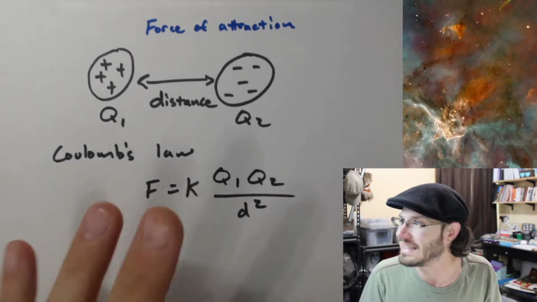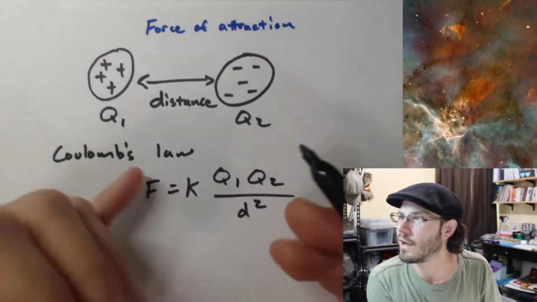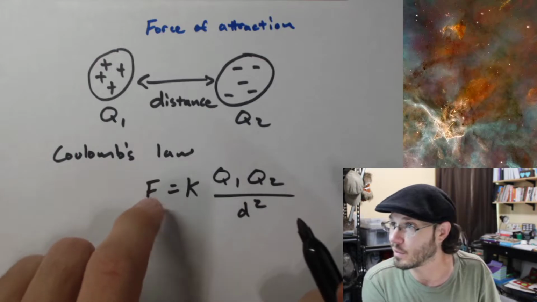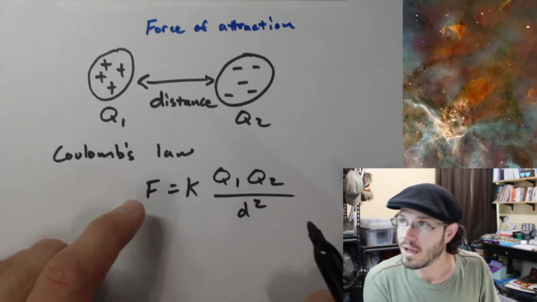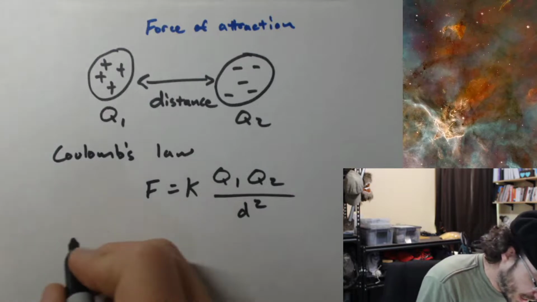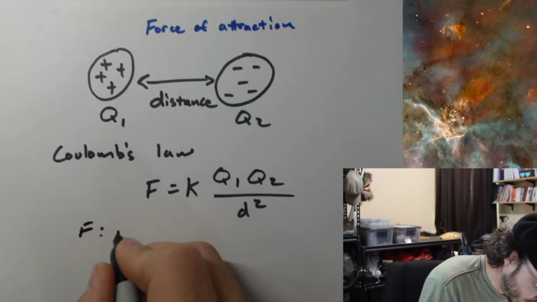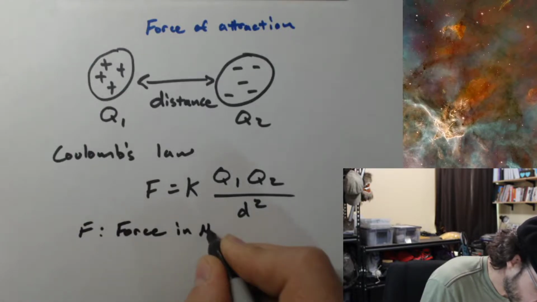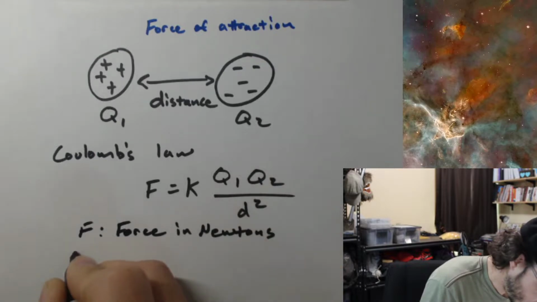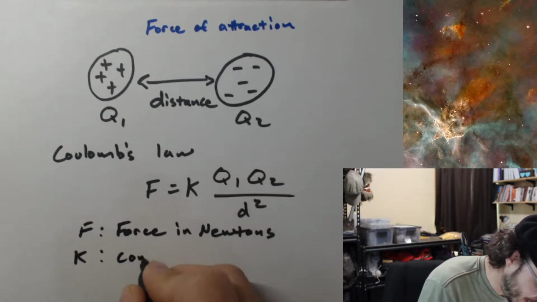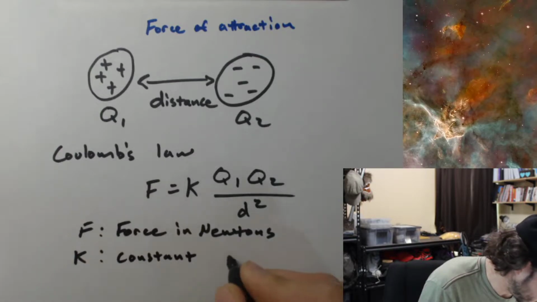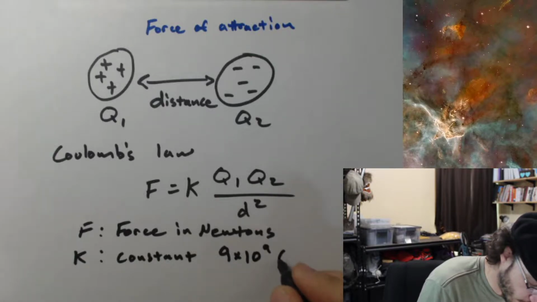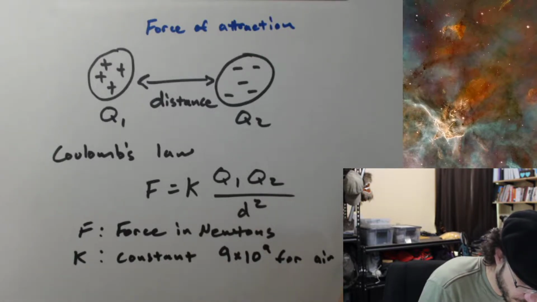The force and distance are inversely related, so the closer they are, the stronger that attraction or repulsion would be. In other words, the stronger the force would be. And F is in newtons. K is a constant, 9 times 10 to the 9 for air or vacuum.